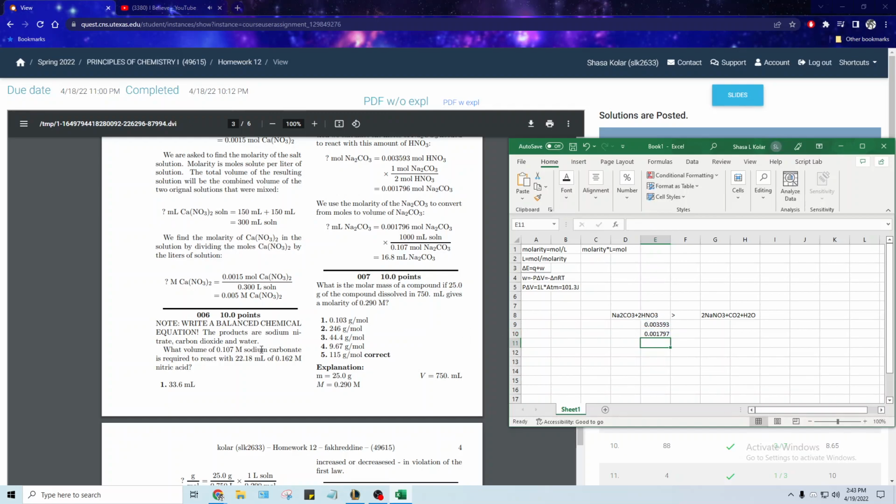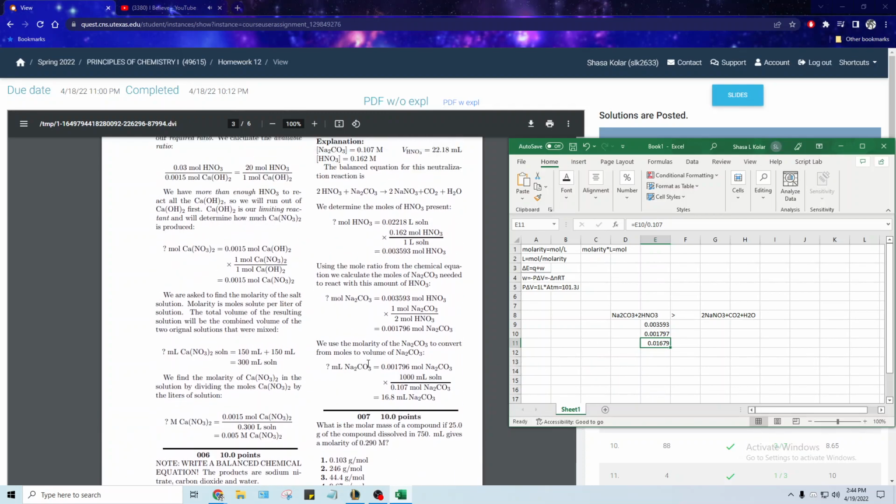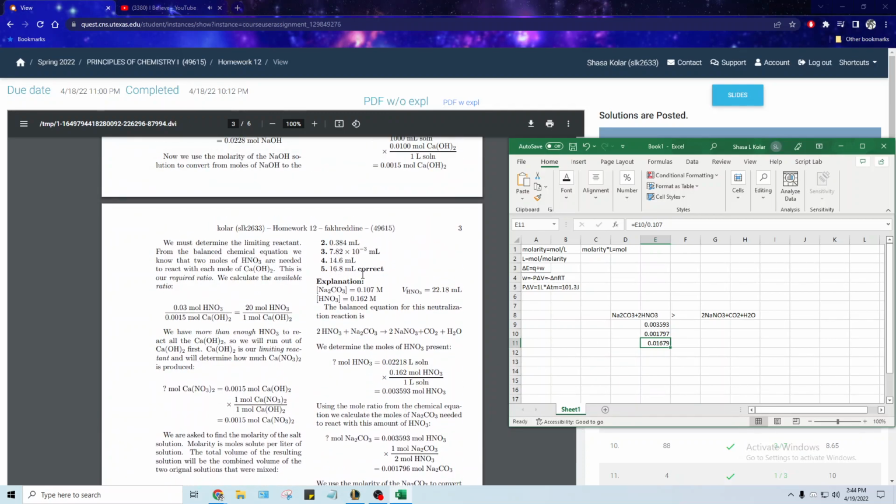And then this is our moles. So we divide moles of Na2CO3 by its concentration, which is 0.107. Okay, so that gives us 16.8 milliliters, which is correct.